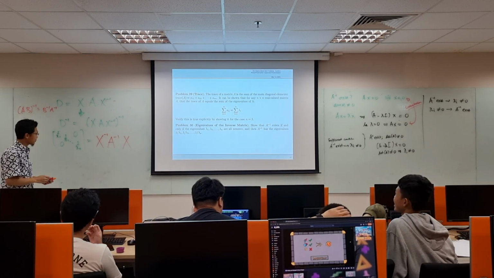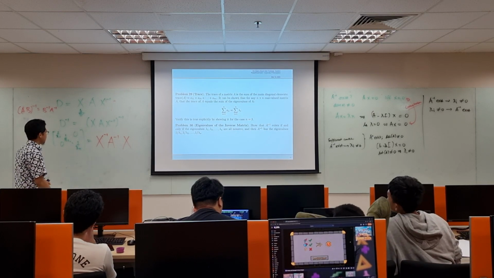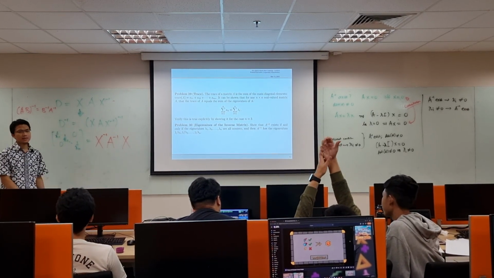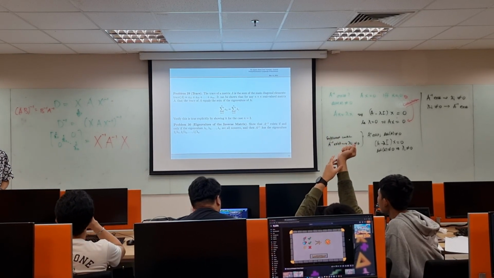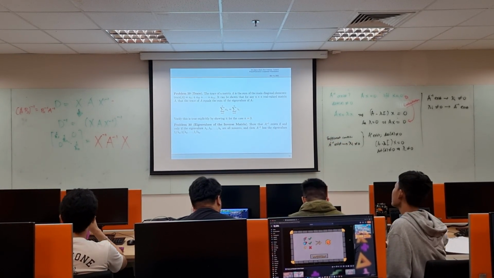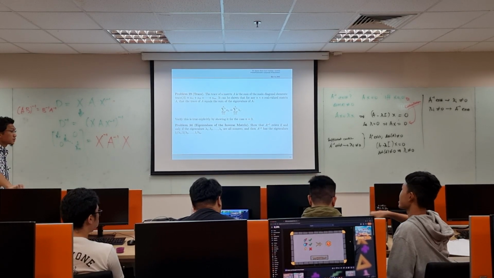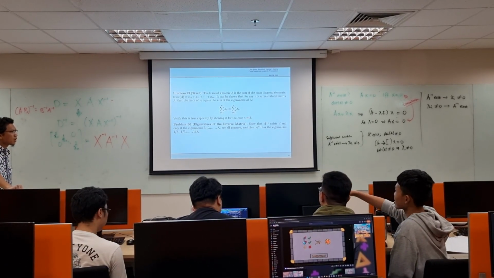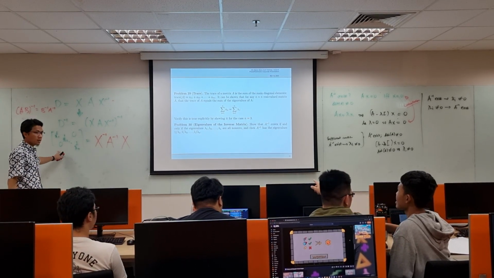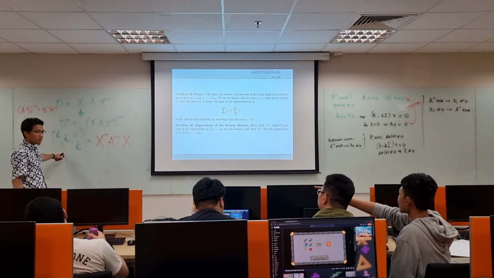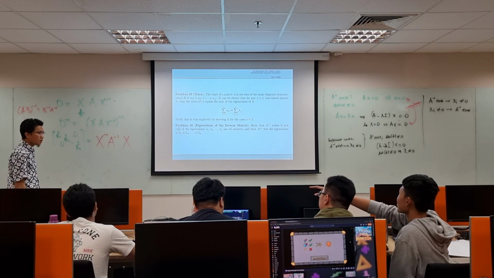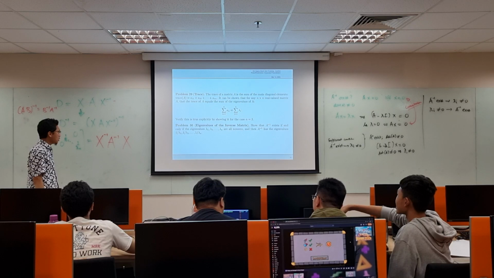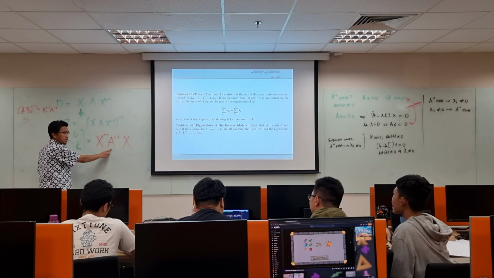Okay, so this is the eigenvalue. That's the matrix. Isn't that false? Which one? A inverse has the eigenvalues of... It's true. That's the eigenvalue of A inverse times X inverse times A inverse. No, it's the eigenvalue of A inverse.